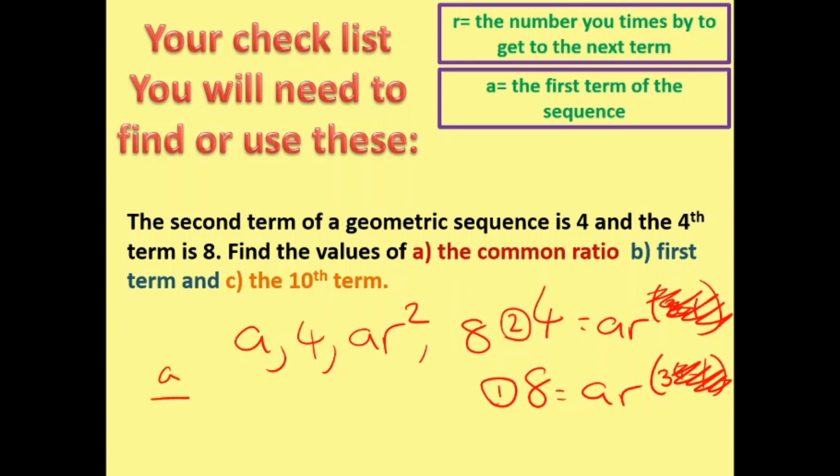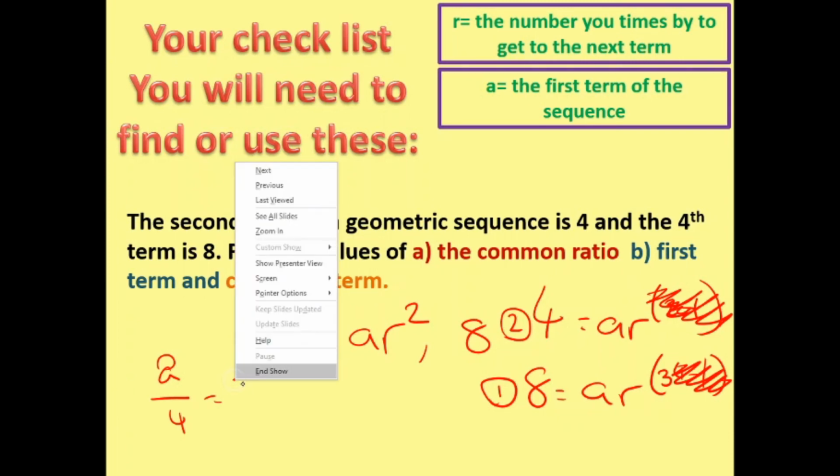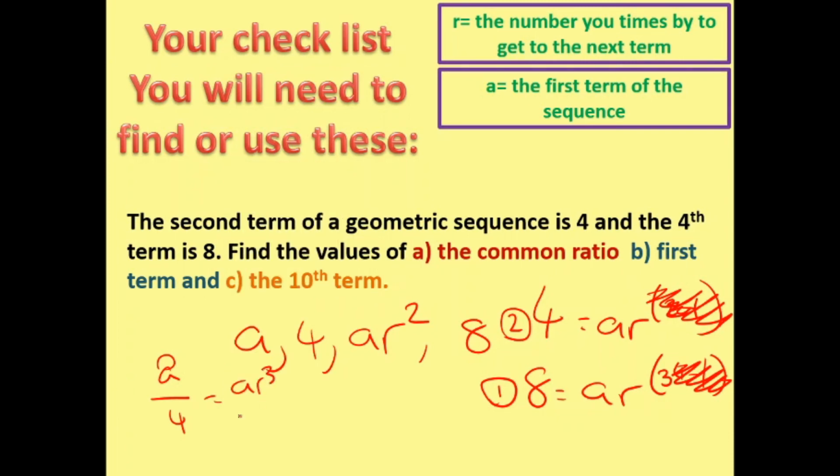So I'm going to do 8 divided by 4 equals AR cubed over AR. 8 divided by 4 is 2, and my A cancels out. This R cancels out with that one to make it squared. So I know it's going to be R squared. So now my ratio is going to be the square root of 2.